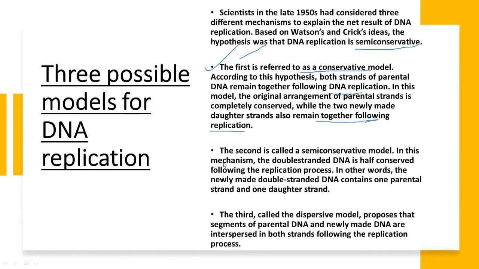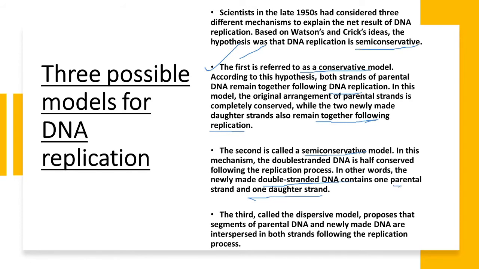Then the second one is called the semi-conservative model, not fully conserved. In this mechanism, the double-stranded DNA is half conserved following the replication process. In other words, the newly made double-stranded DNA contains one parental strand and one daughter strand.